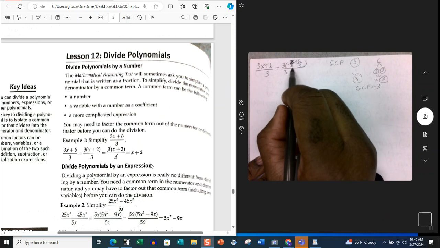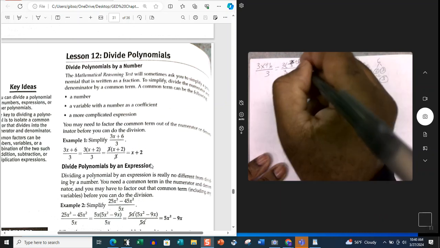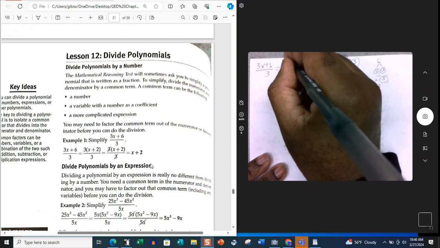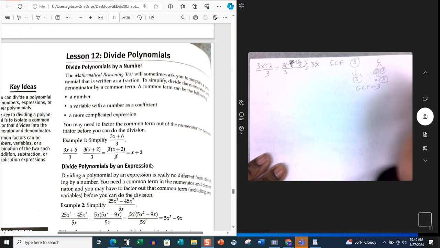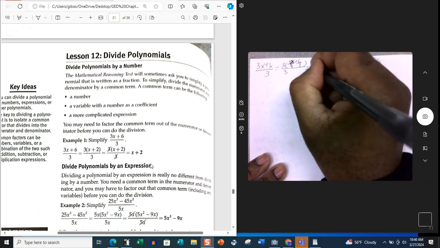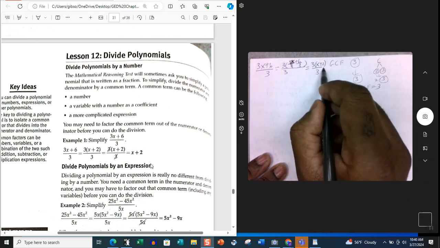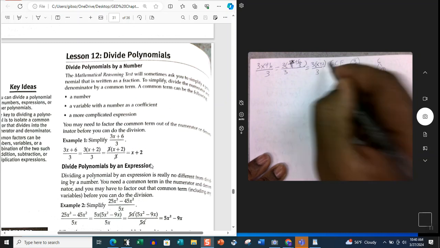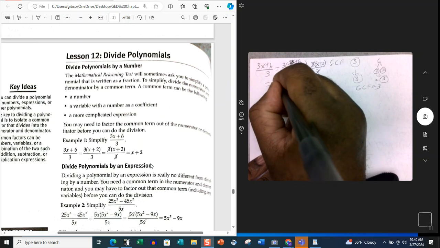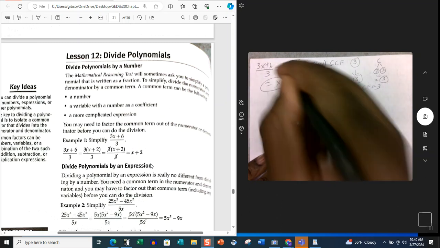But this would be 3x over 3 and 6 over 3. These 3's will simplify out and leave you x, plus 6 over 3 is 2. So you have 3 times x plus 2 all over 3. These 3's will simplify out, and your final answer would be x plus 2.